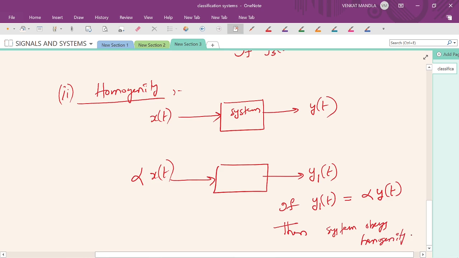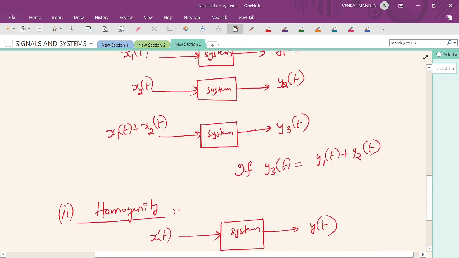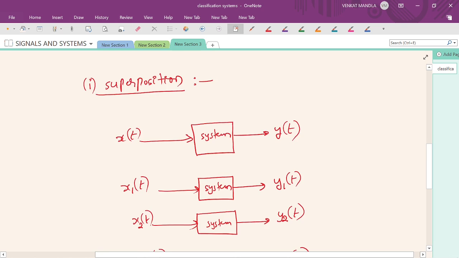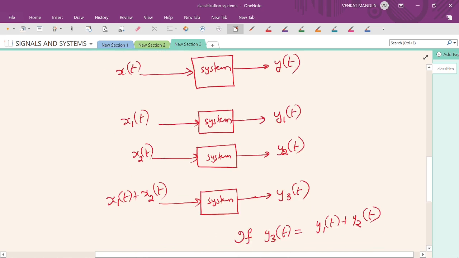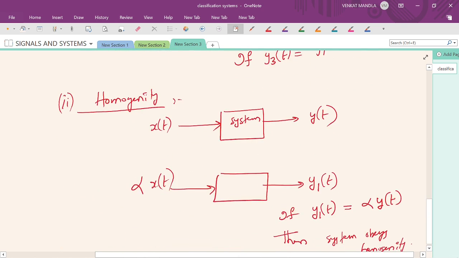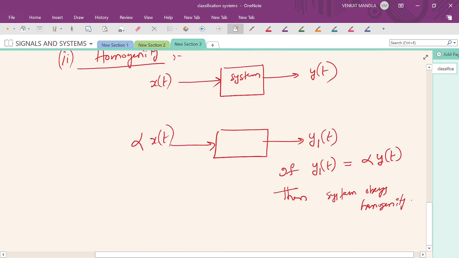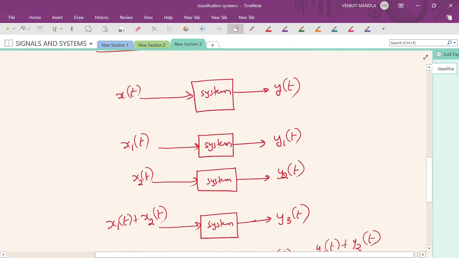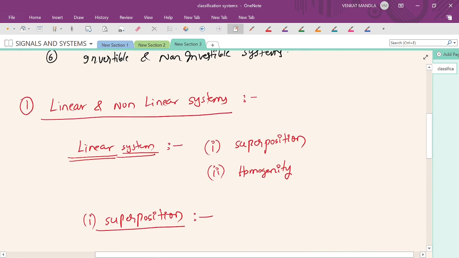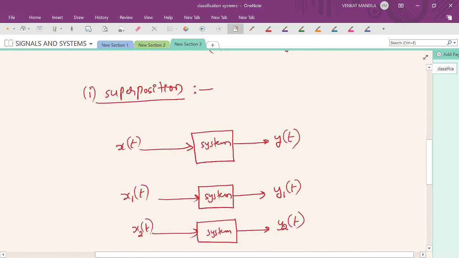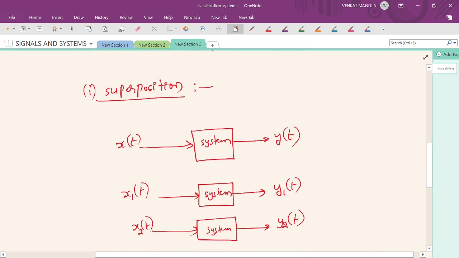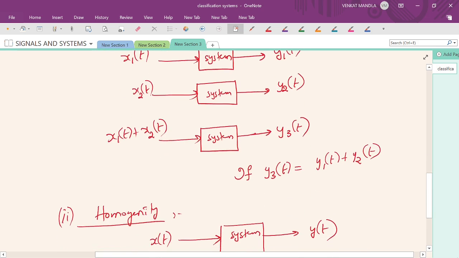So if a system obeys these two conditions, superposition and homogeneity, then the system is said to be a linear system. If not, then the system is non-linear. So if we want to check the condition of linearity, we have to check these two conditions: superposition and homogeneity.